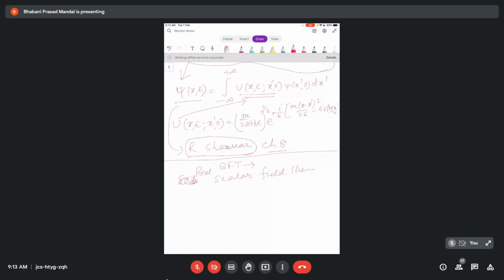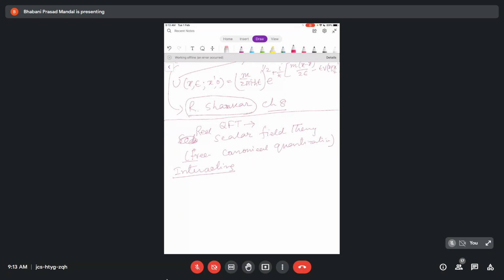This you have learned, but only the free version you have learned by canonical quantization. Okay. Now we will consider the interacting one. See, not free. Now interacting.